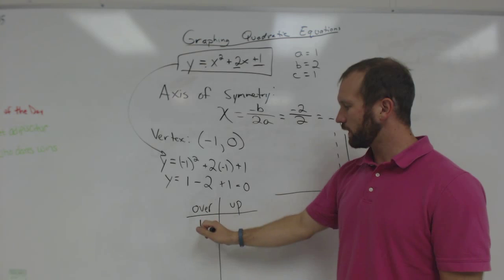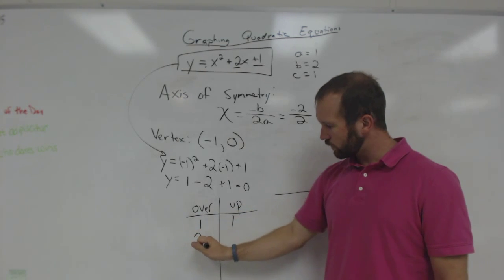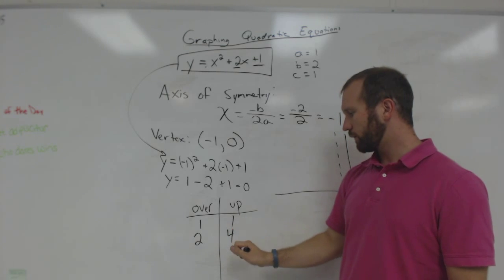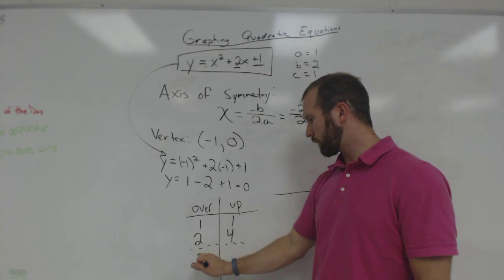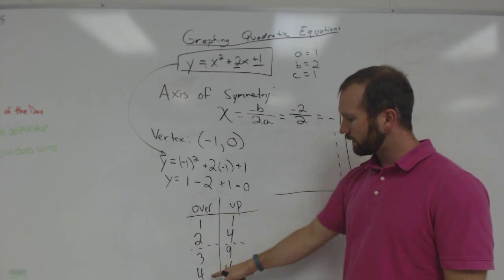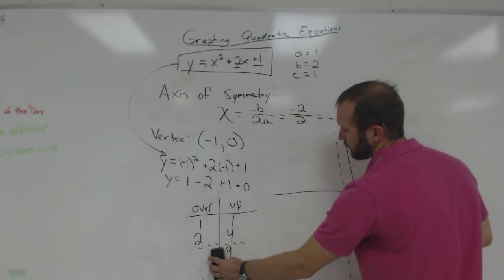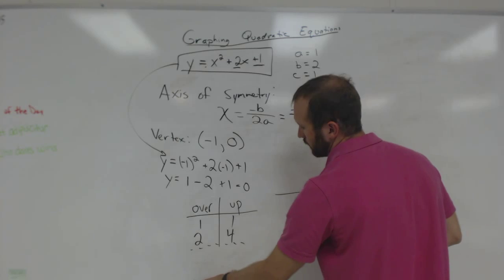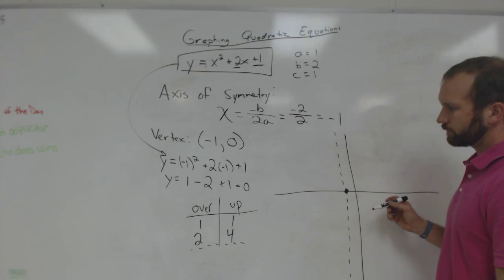So if we go over 1, we go up 1. If we go over 2, we go up 4. We could keep going. Over 3, up 9, over 4, up 16. These are just these squared. For the purposes of graphing, you pretty much just have to stick with the first 2 sets of points.